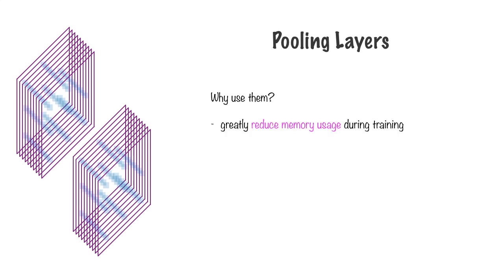Even sparsely connected convolutional neural networks might take a long time and use up a lot of memory during the training process. The addition of pooling layers, which shrink the inputs, greatly reduces memory usage during training. Pooling layers help extract the most important features from the input matrix, and this greatly mitigates overfitting.